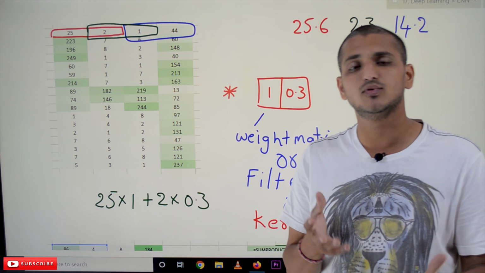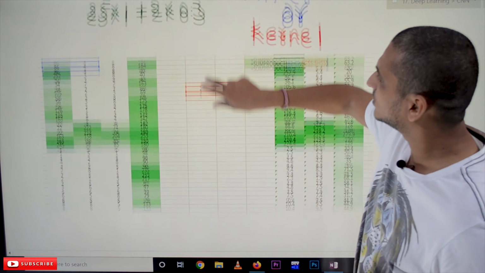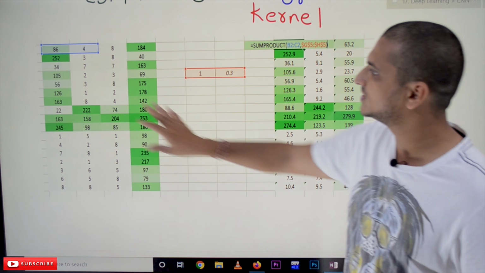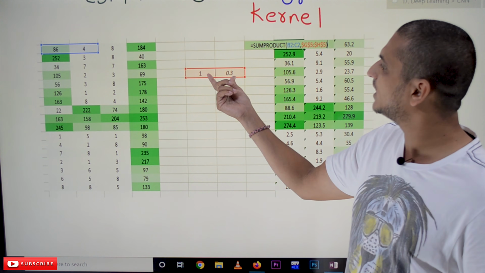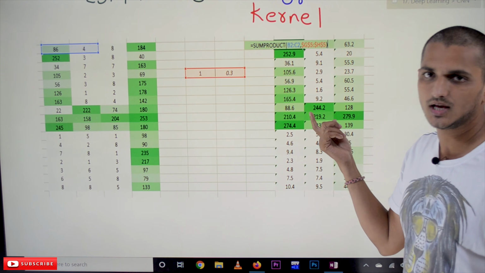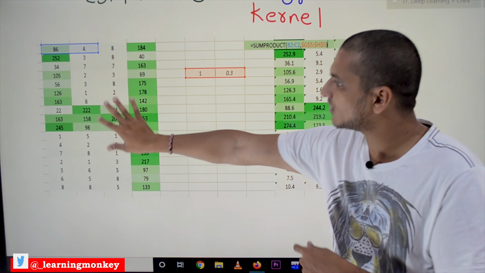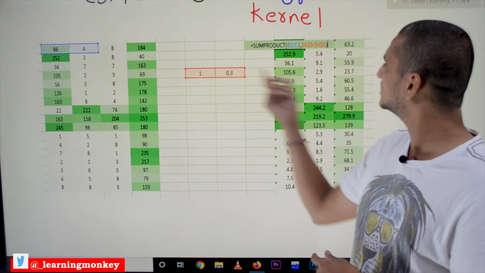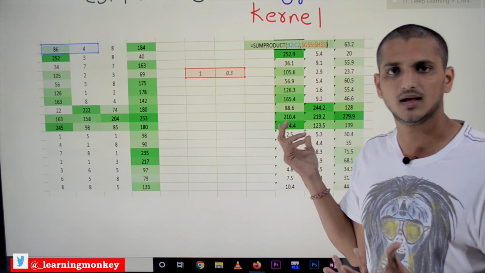What benefits will we get with this convolution operation? Let's understand with an example. The same convolution operation is done on the image. We took this image and convolved it with this weight matrix, and this is the image we got. This is our original image, and after the convolution operation, this is the image we got. What do we understand by looking at this image?